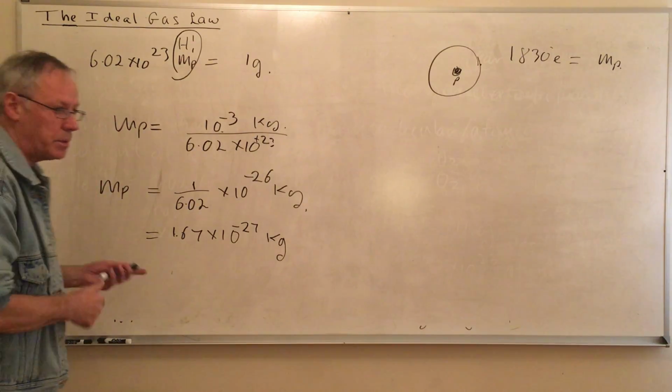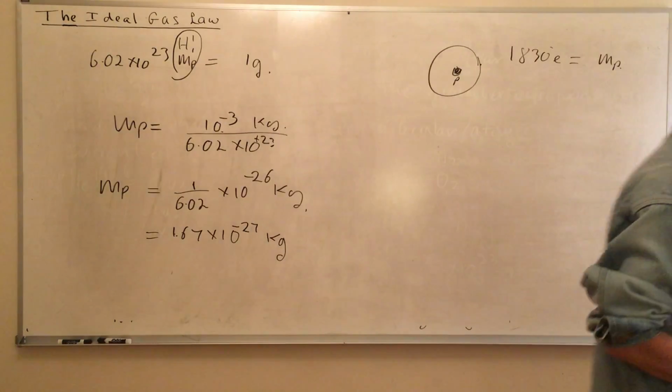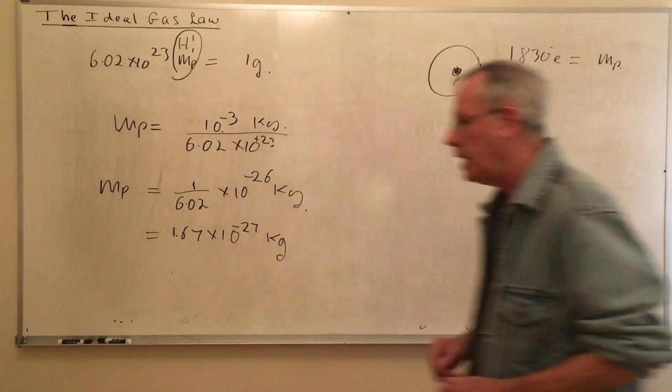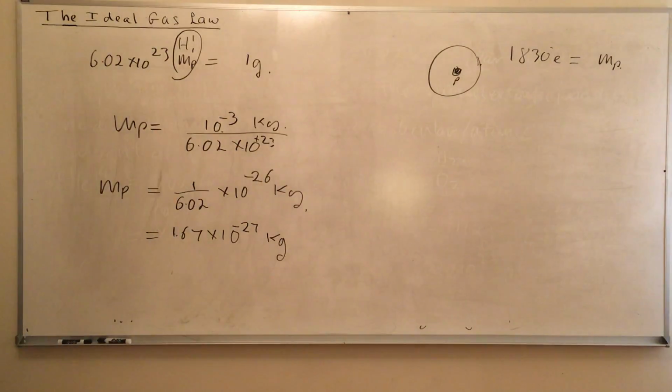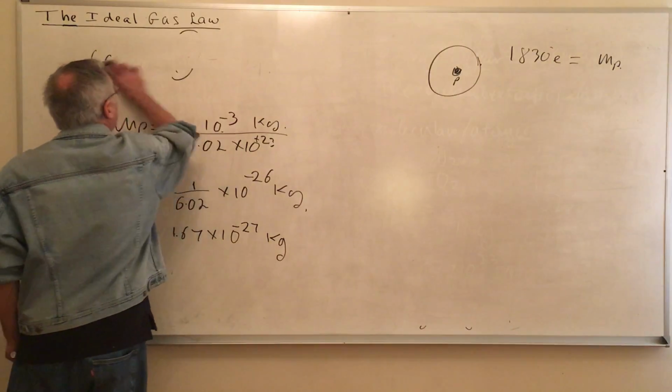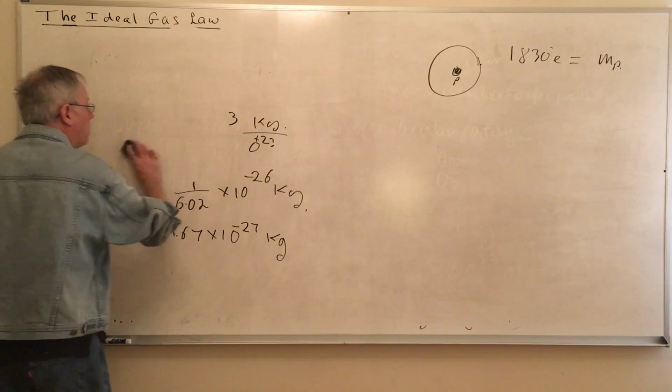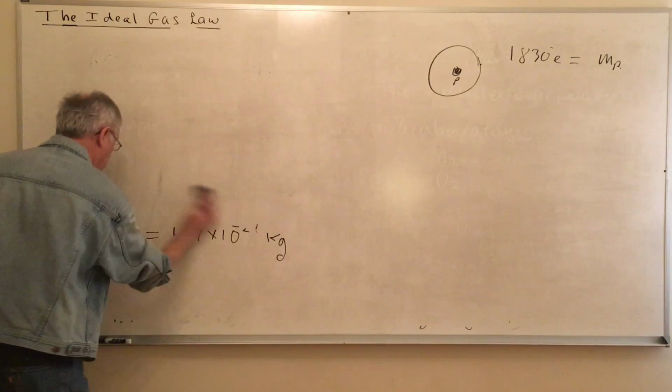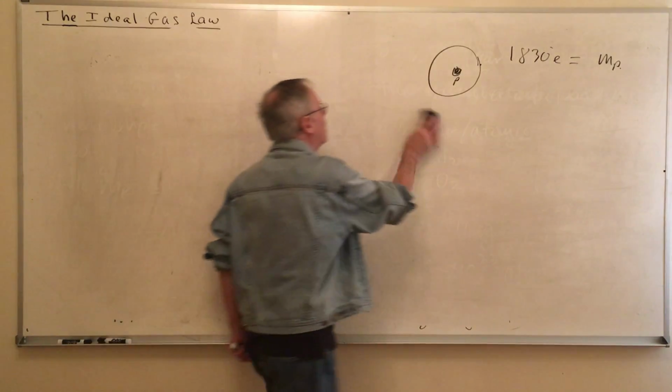Let's look at some other examples. Actually, I'll leave the examples for later. I want to define something different now. I want to write Avogadro's number and another constant. We'll relate them.